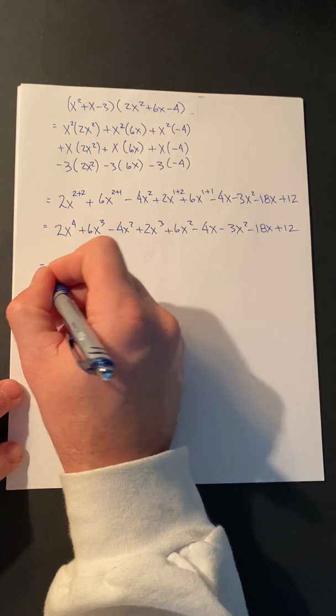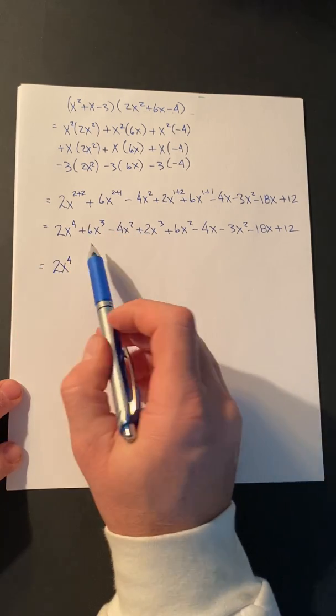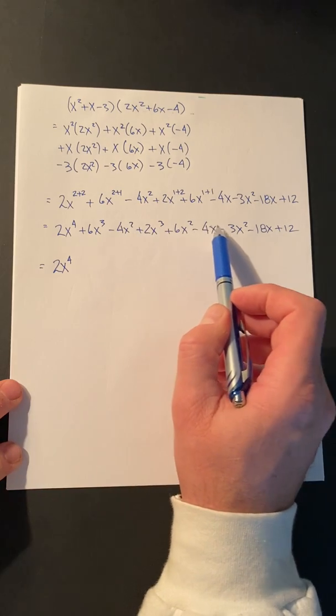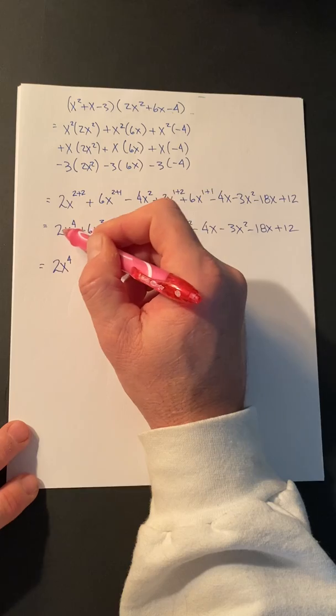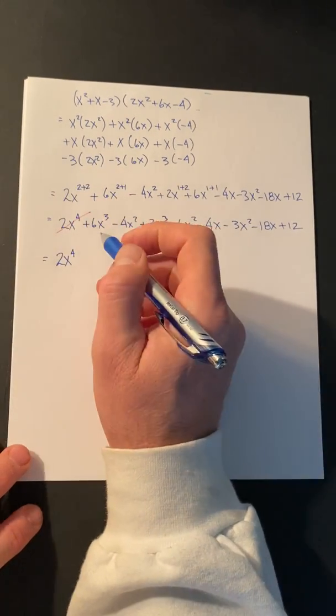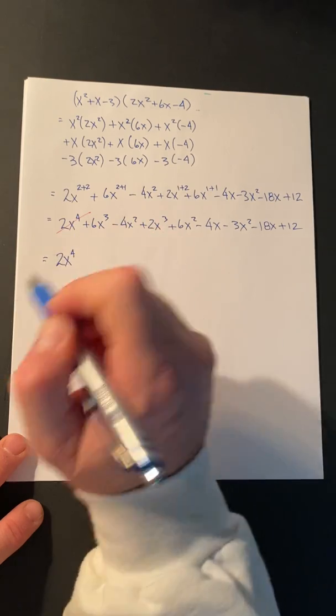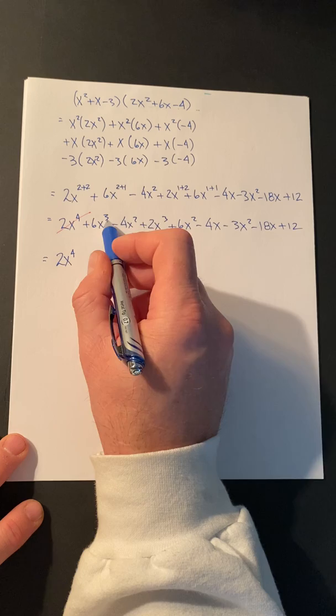So let's do that. So I have 2x to the 4th. That's my highest term. I look to see if there are any more 4th powers, and there's not. So I just want to maybe draw a line through it so that I can see I have written it down here. So the next highest power is going to be a cube.